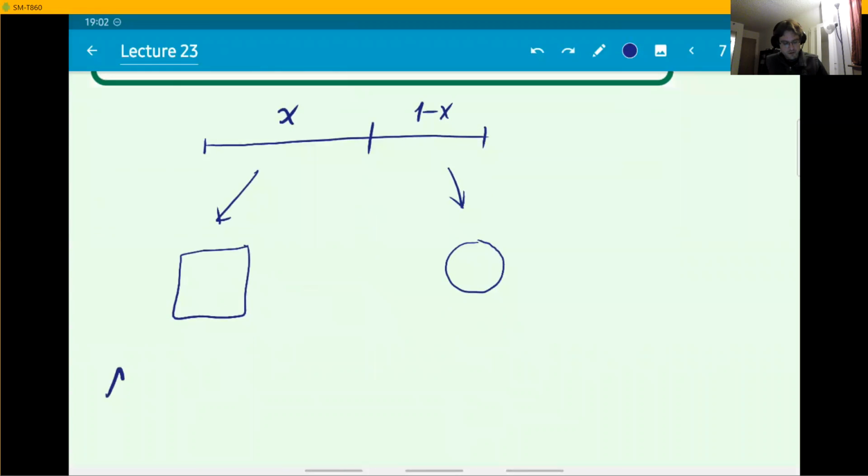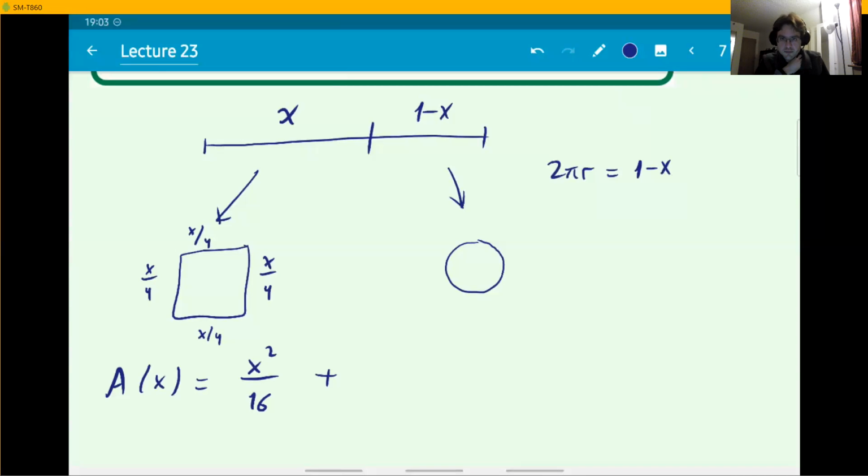So first of all, we're going to have to figure out what is the side of the square here. If you're taking a total length of x and then bending it into 4 sides to form a square, then each one is going to have length x over 4. And the area of the square, product of the side lengths, is x squared over 16. That would be the square. What about the circle? This circle has a circumference 2 pi r equals 1 minus x.